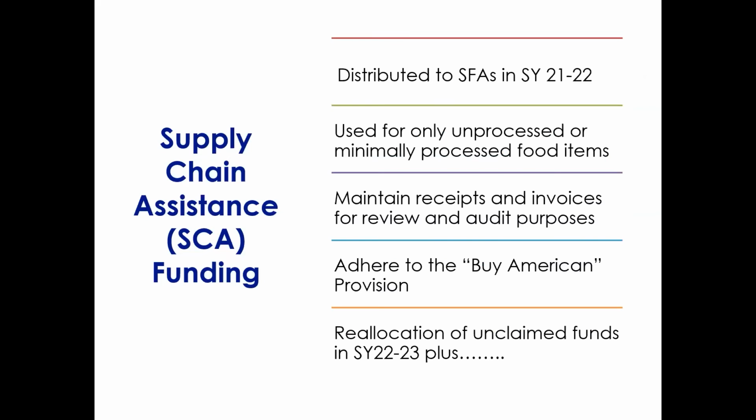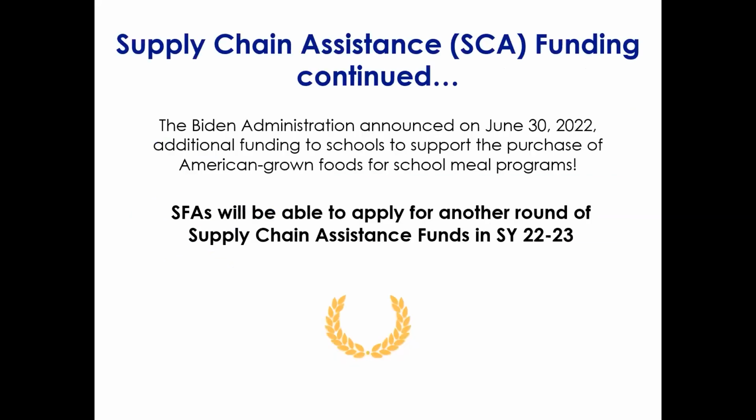Maintain your receipts. Be sure, again, folks, to keep documentation and invoices for review and audit purposes. Be sure to follow the Buy American provision, and there will be reallocation of unclaimed funds in school year 22-23, which is great news.